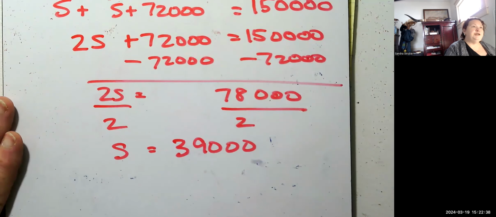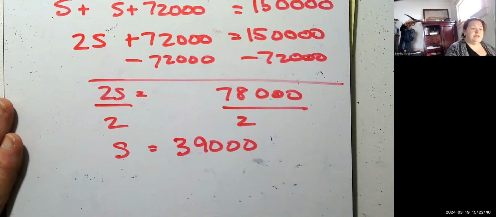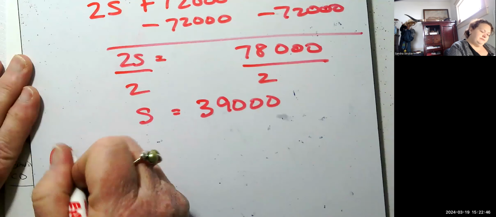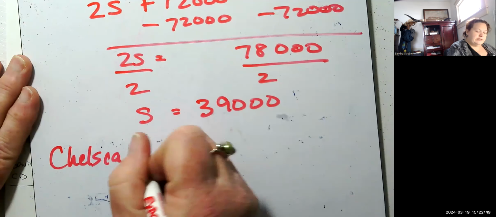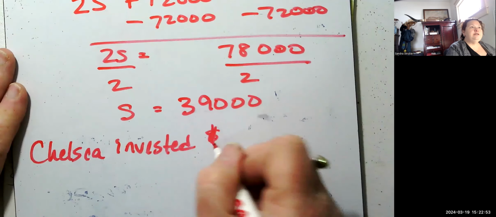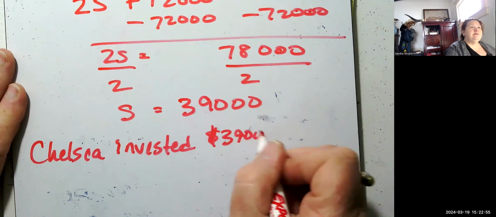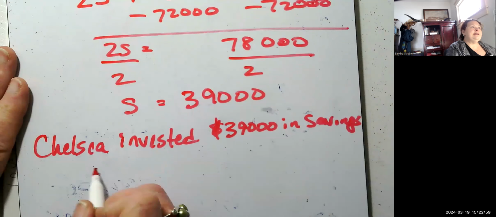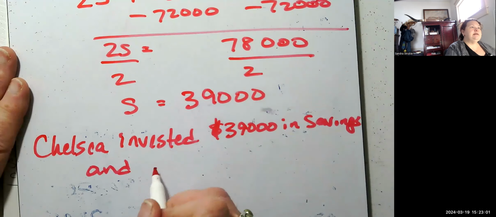So she invested $39,000 in her savings because it's S. So is it Chelsea? Yep. Chelsea invested, don't forget your dollar sign, that's your unit, $39,000 in savings. And how much in CD?